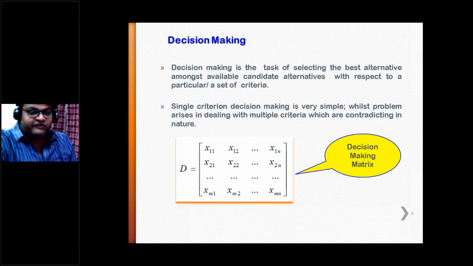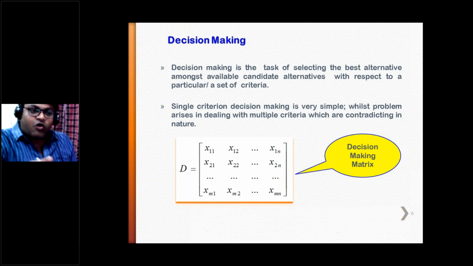Now, there are some criteria whose higher values are always preferred, and some criteria whose lower values are always preferred. For example, in a robot selection problem, the load carrying capacity of a robot should be higher is better, as high as possible. At the same time, the cost of the robot should be as low as possible.